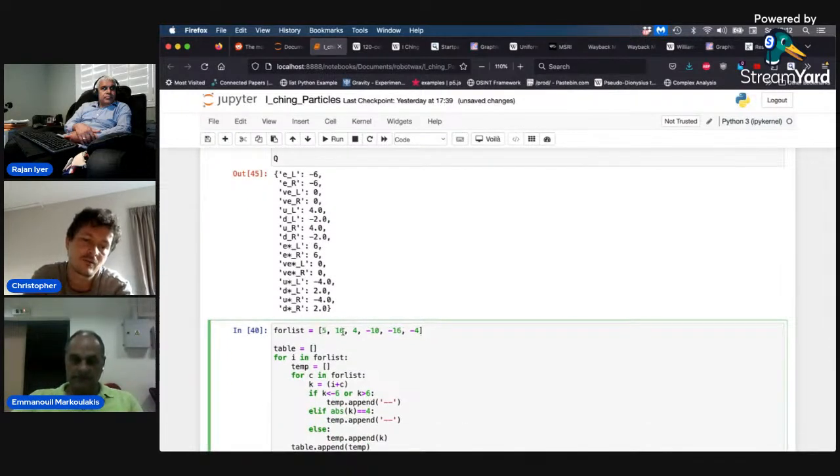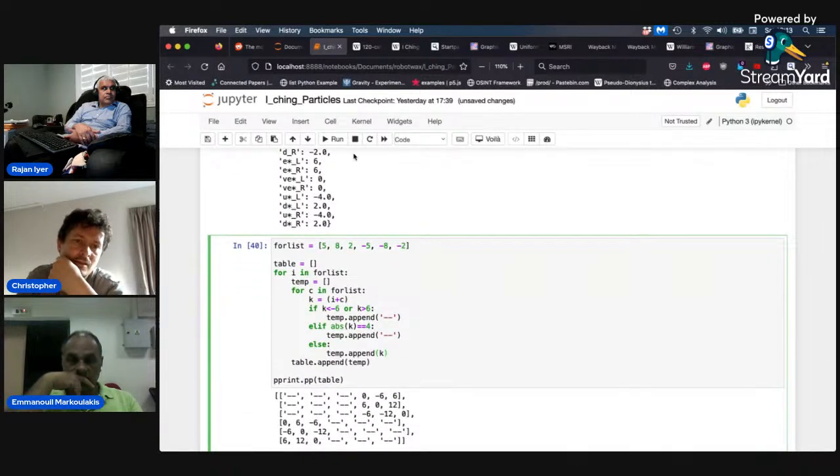We go 5, 8, 2. So 2 is the same as the down, which was what we had before, so that's fine. Do we have any other? We don't. And we have now a particle with a charge 5, which is cool.